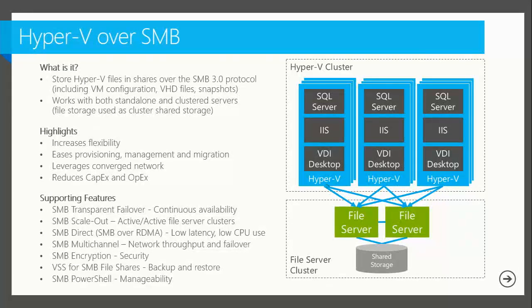Can you guarantee that we are going to have a solution that works as well as my iSCSI SAN, as my Fiber Channel SAN? Well, the answer is yes, because we spent this cycle in Windows Server 2012 looking at specifically what block storage had that file storage didn't.